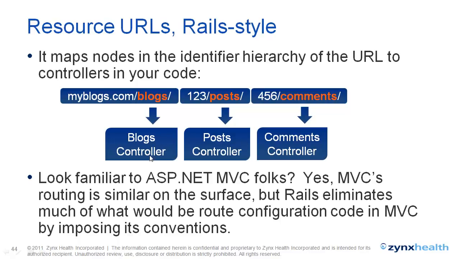The blogs controller handles requests against the set of blogs. The posts controller handles requests against sets of posts. Of course, there is one set of blogs, but there are multiple sets of posts because each blog has a set of posts belonging specifically to it, and similarly down the chain we have the comments controller.